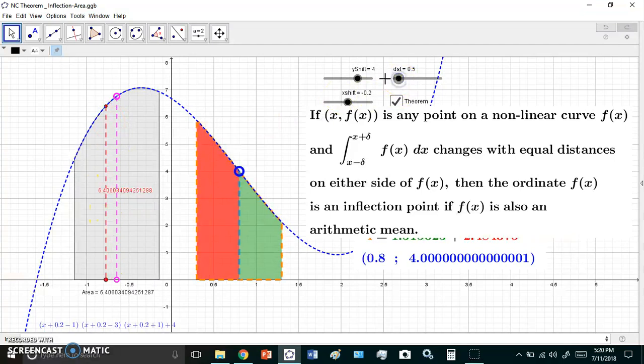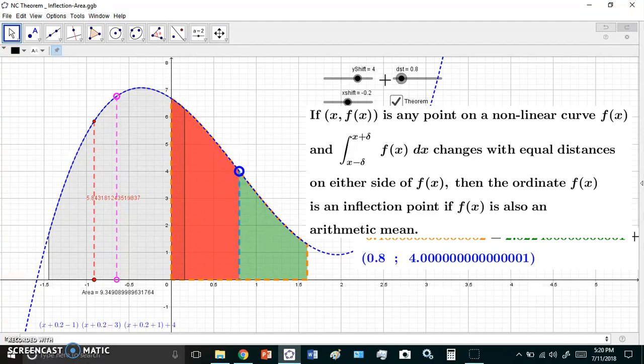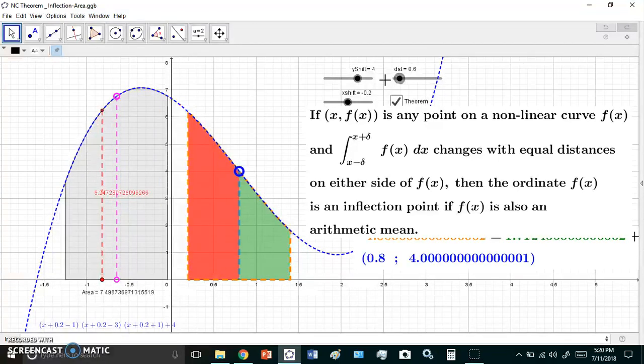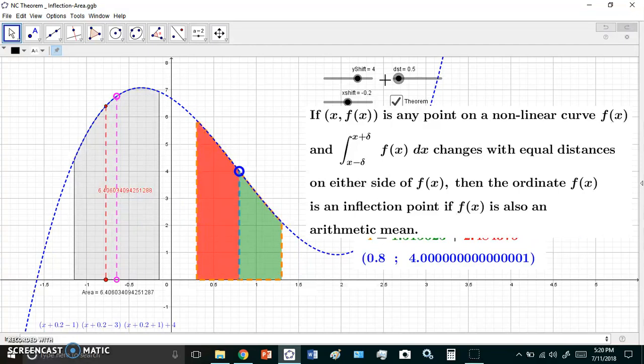So watch here, if I change the distances, the arithmetic mean is very different to that particular point. And even though it's different, the areas on this side of the red dotted line are not equal, therefore it cannot be an inflection point.